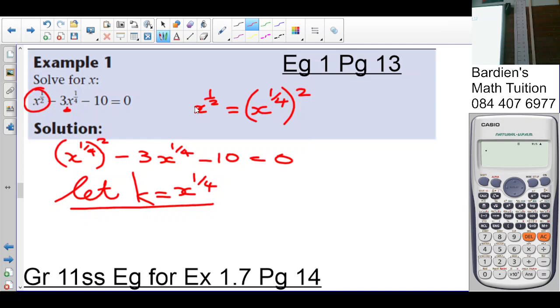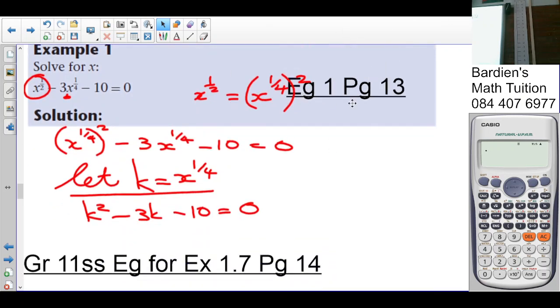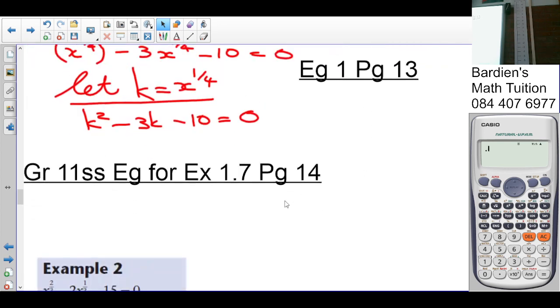Right. So what would it read now? k squared, yes. Minus 3k minus 10 is equal to 0, yes. Now what? What do I do now? Trinomial. That's it. Trinomial.